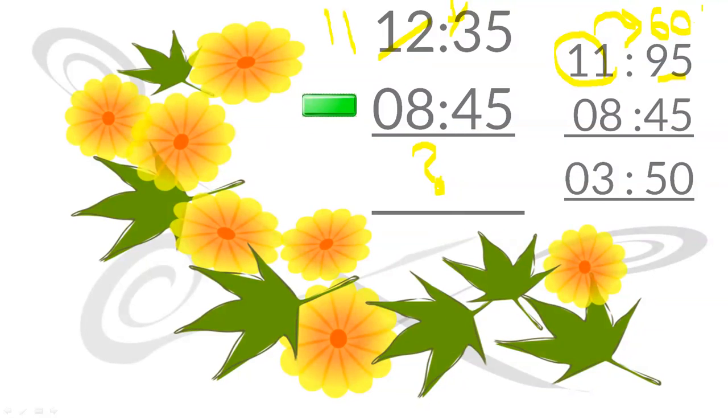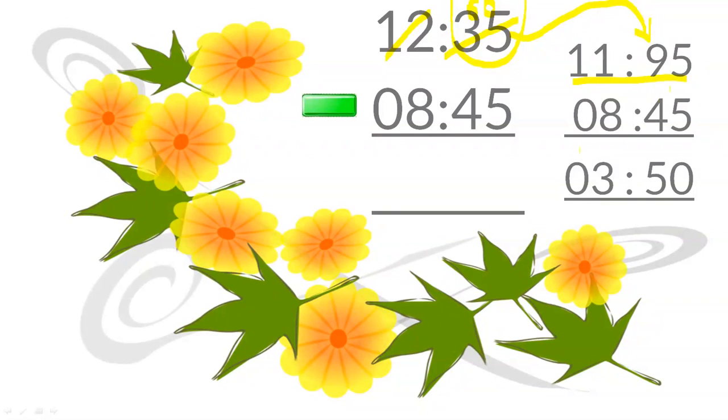So that's why it's not 35 now, it's 95. Why? Because I am taking one carry from there, and it means I am taking 60 minutes from there. So 60 and 35 will be 95. Now the situation has changed, and it is 1195.